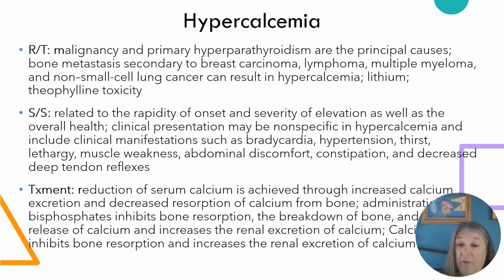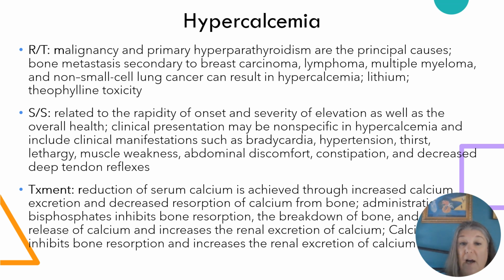Fluid volume, if we need to replace fluid, we're usually going to use normal saline. We're going to monitor those I's and O's. Whenever we have a hyper whatever situation, we may end up using dialysis, because dialysis goes in and pulls out all those toxins for us. Okay, so we may use dialysis.